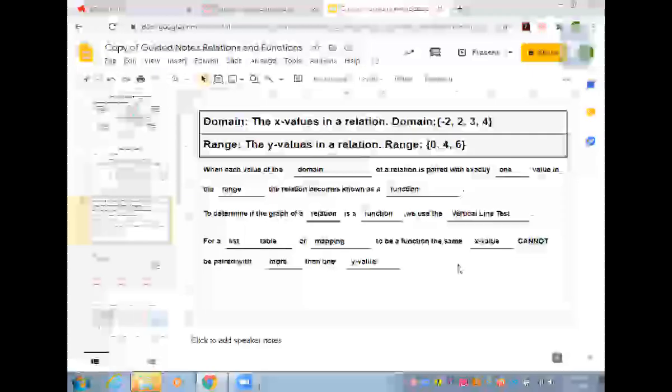And so basically what that's saying is you can't have an X value that goes to two different Y values. The same X cannot go to two different Y values and it be a function. So from a graph, we use the vertical line test. But from a list, a table, or a mapping, we're looking, do I have the same X that goes to two different Ys? If I do, then that's not a function.